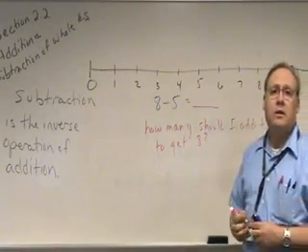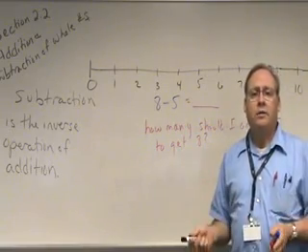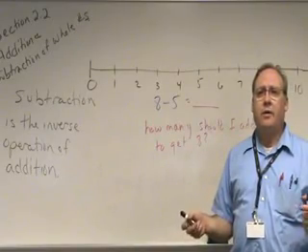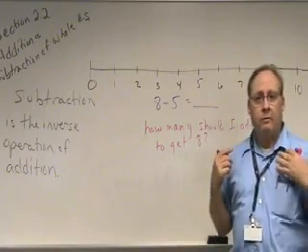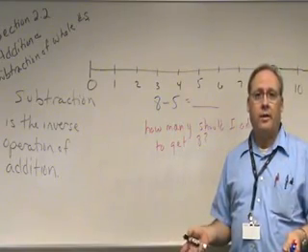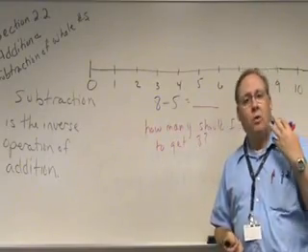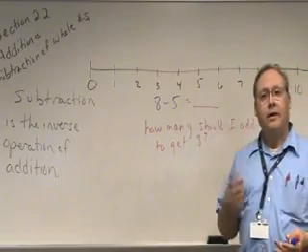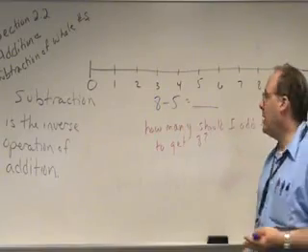Now you can see this. This is an important concept, because we have the idea that, say, Billy needs $5 to pay for a toy. He has $3. How much more does he need? Well, that would be a 5 minus 3 is 2 problem, isn't it? Okay.